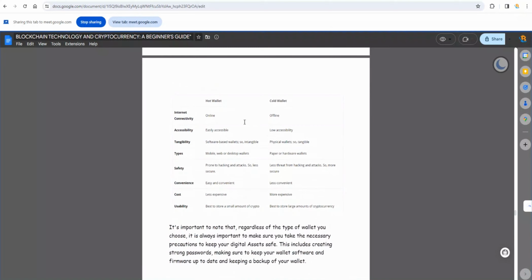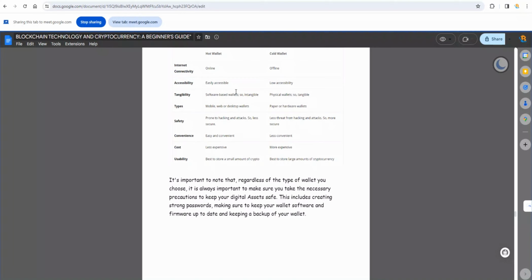So here you can see some differences between a hot wallet and a cold wallet. You can see hot wallets are always online, like the Binance account, the Trust wallet. You're going to look at them, and you're also going to differentiate between hot wallets, cold wallets, then custodial and non-custodial wallets, because there's a difference. Now, on accessibility, you can see hot wallets are easily accessible and cold wallets are not as easy.